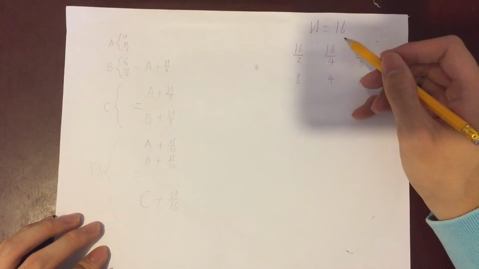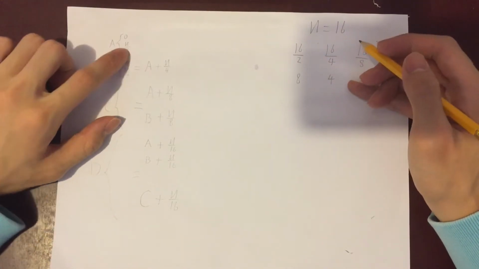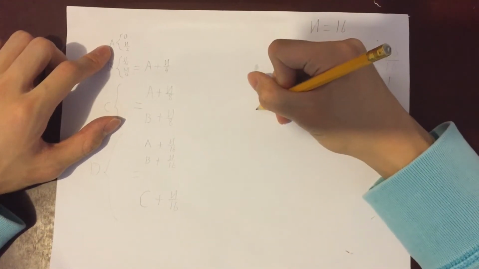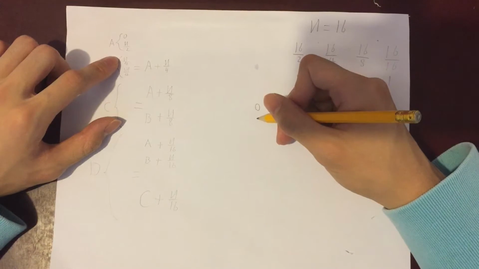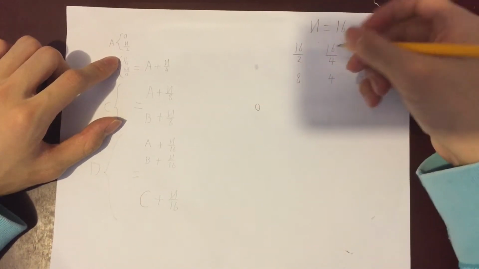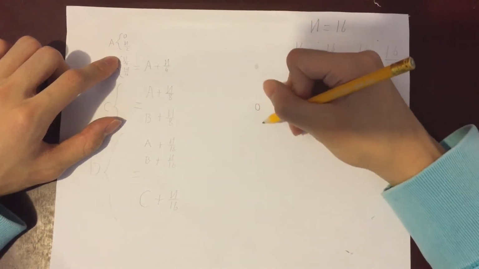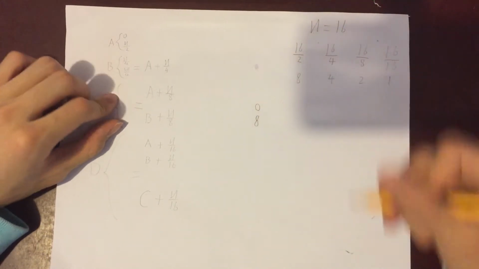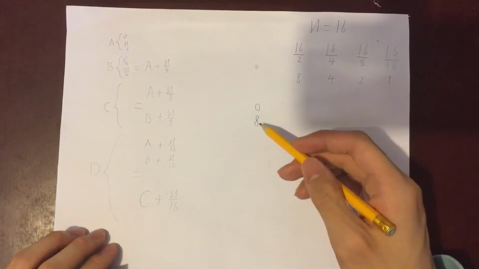Assume that capital N is equal to 16. According to this method, the first one is always 0, no matter what. And then the second one, the second x of n, is always capital N over 2, which in this case is equal to 8. Okay? And then we're going to find the neighbor of this group.